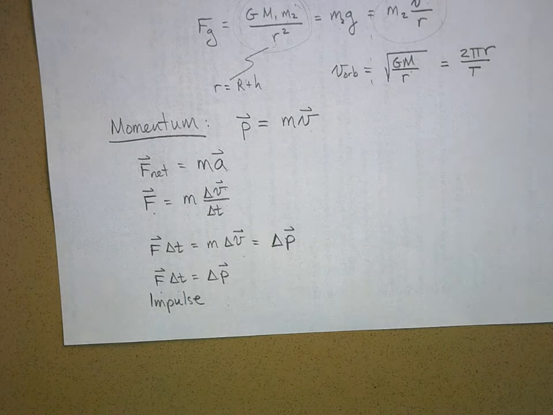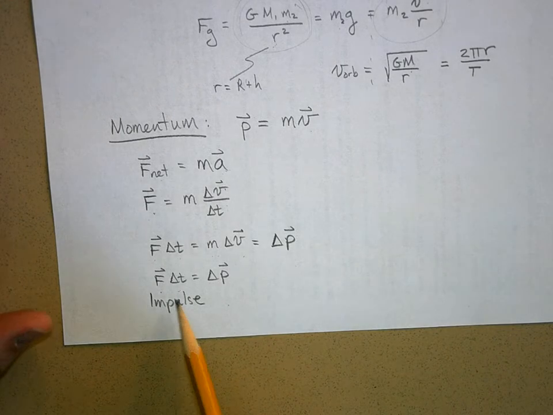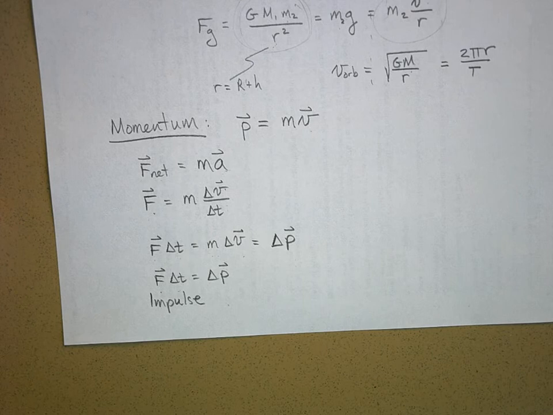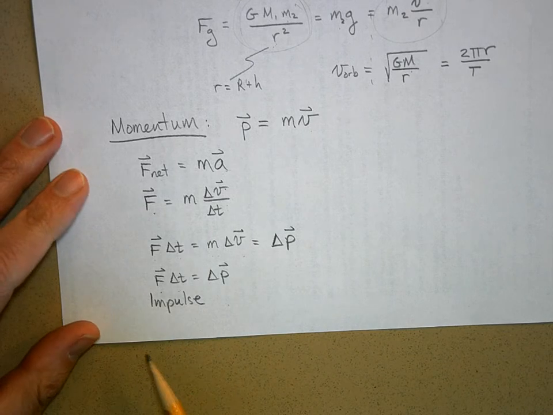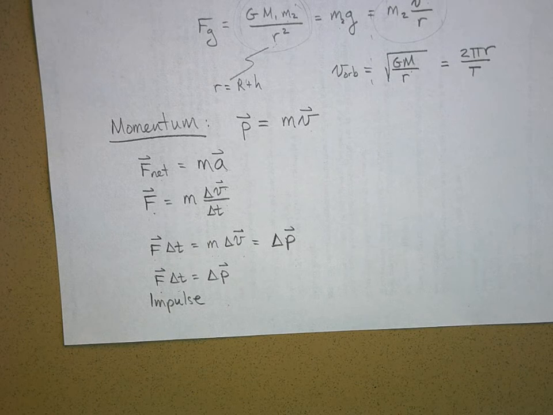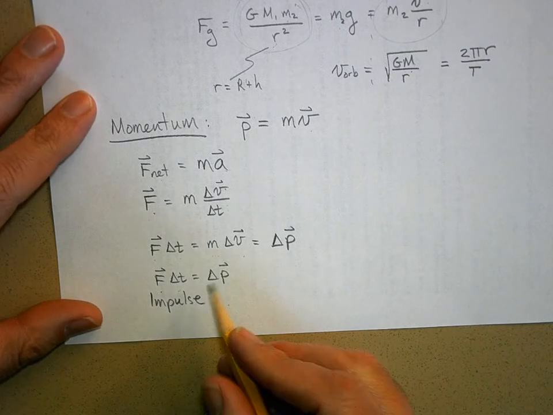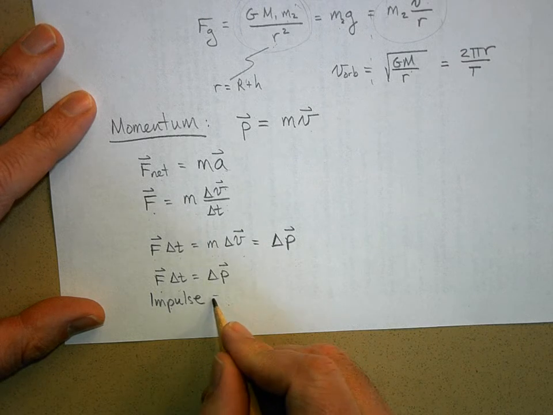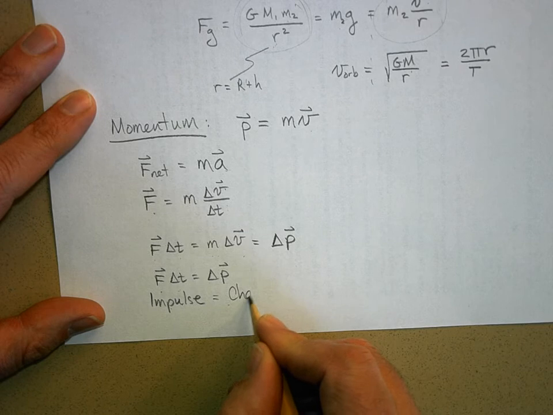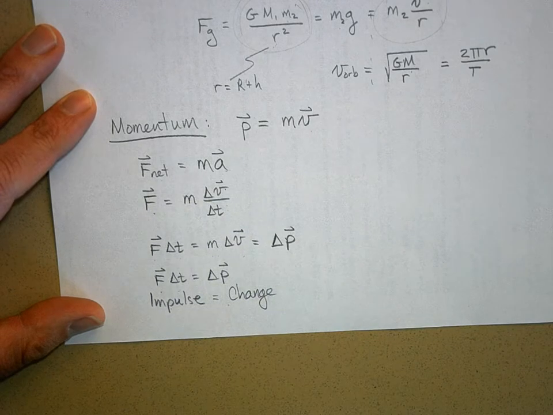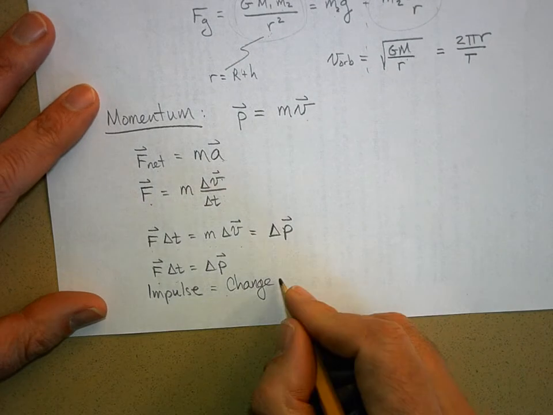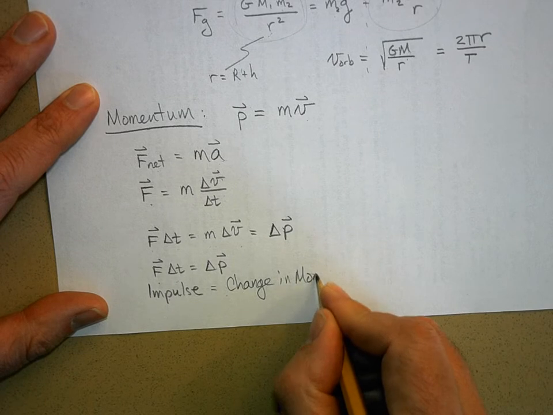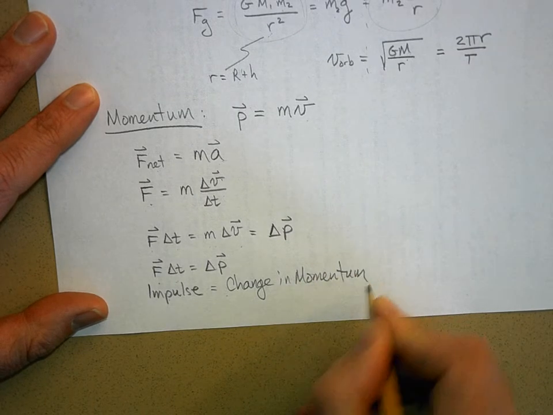Impulse shopping is not the same thing as force times time. But physics steals vocabulary from everyday language, and it's kind of descriptive in a way. If you have an impulse on an object, that will be equal to the change in momentum. Now, not the momentum of the object, but how much I change the momentum. And again, this is the impulse momentum theorem.